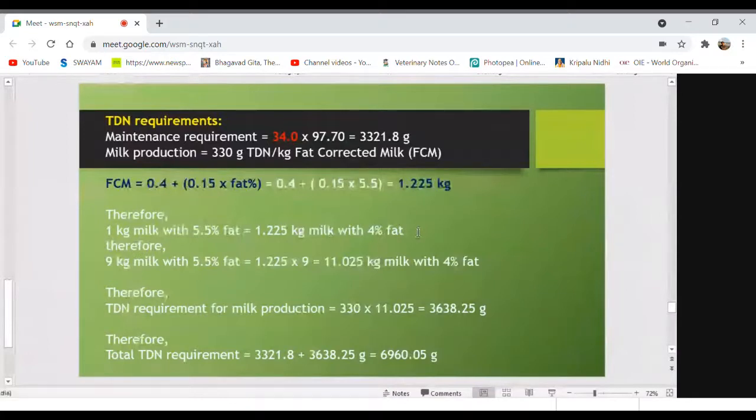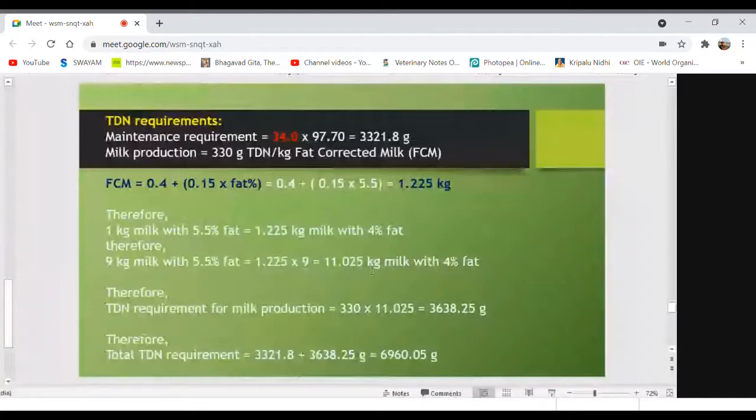Therefore, TDN requirement for milk production will be 330 into kg fat corrected milk, that is 11.025. There will be this much, 3,638.25 gram. And total requirement, maintenance requirement plus requirement for milk production, total it will be 6960.05 gram.